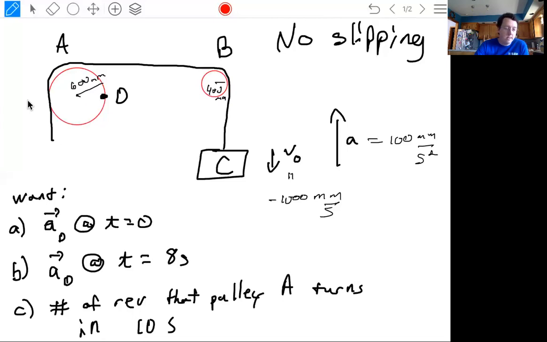So if the initial velocity is down, then we're going to have that both are moving clockwise, and then the accelerations are going to cause them to accelerate in a counterclockwise fashion.